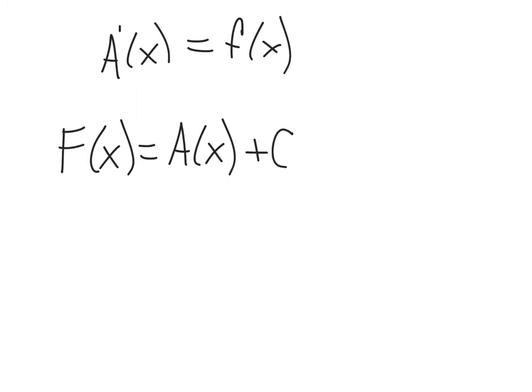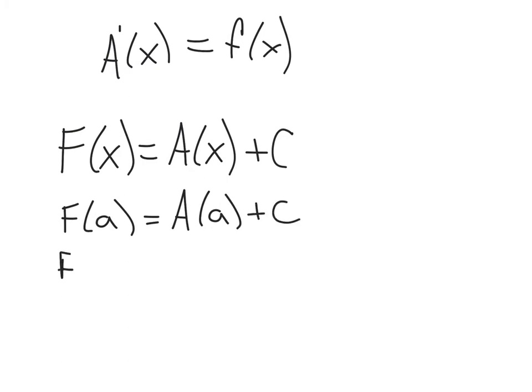So now let's think about what it would mean if we evaluated this new antiderivative F at our endpoints a and b. Well, that would just be evaluating our area function at a, plus c. And then if we evaluated this new antiderivative at the other endpoint b, we would have this statement here.